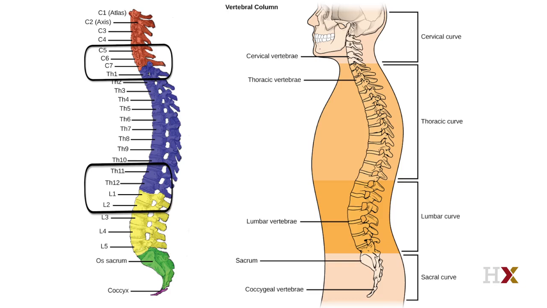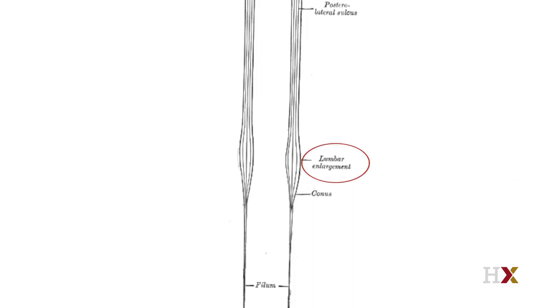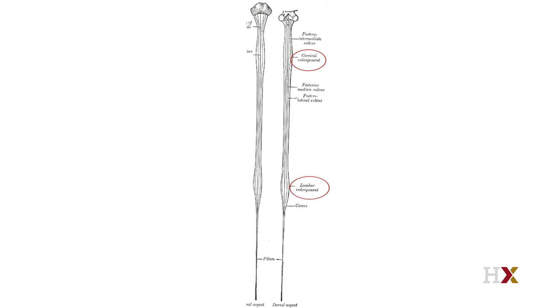In fact, there are so many axons terminating in these segments, due to the many motor units within the distal muscles, that the spinal cord's gray matter is slightly wider at these points. Note the cervical enlargement and the sacral enlargement at the levels of the arms and legs, respectively, in the spinal cord.